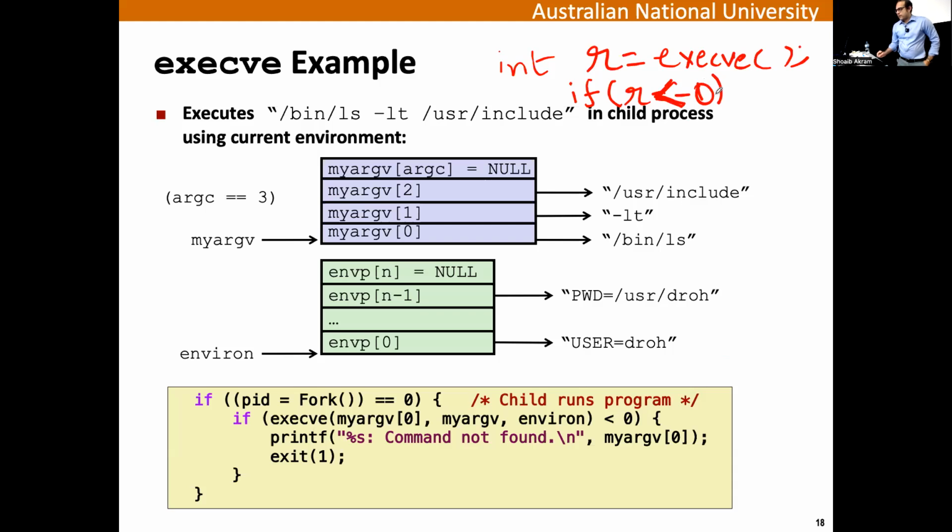But if we just run exec by itself, and the user types a binary, let's say instead of ls, I type lss. There is no such thing as lss. So how do we know that the user did something wrong?